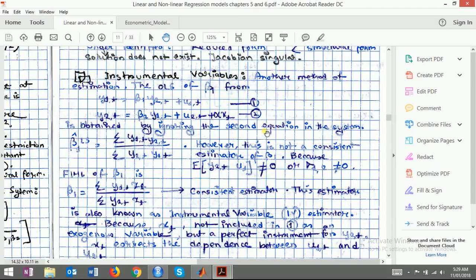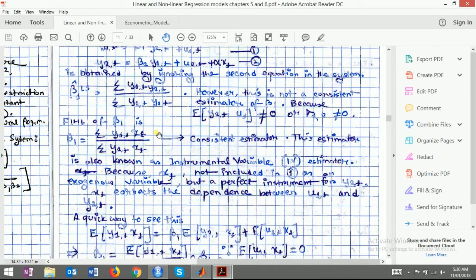Here y2t is correlated with u1t, and because their covariance is not equal to 0, this is not a consistent estimator. OLS of beta 1, on the other hand, is inconsistent because y2t is correlated with u1t.